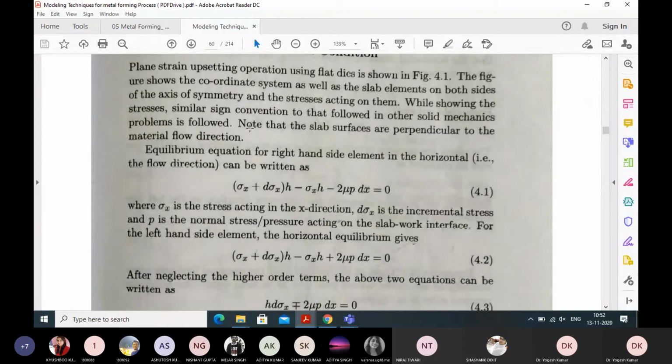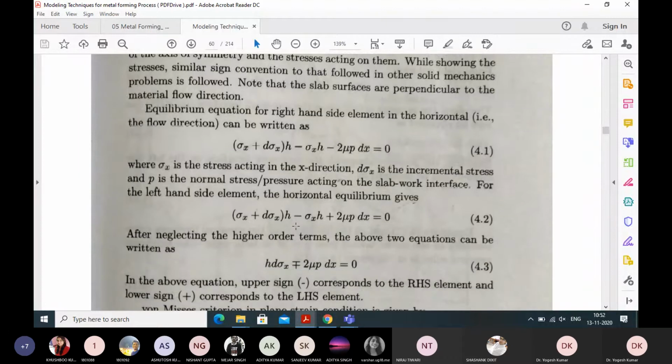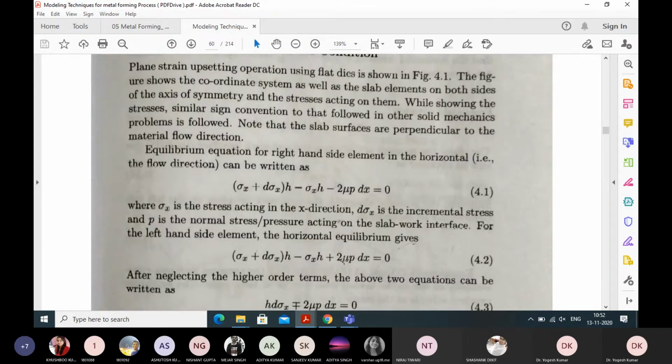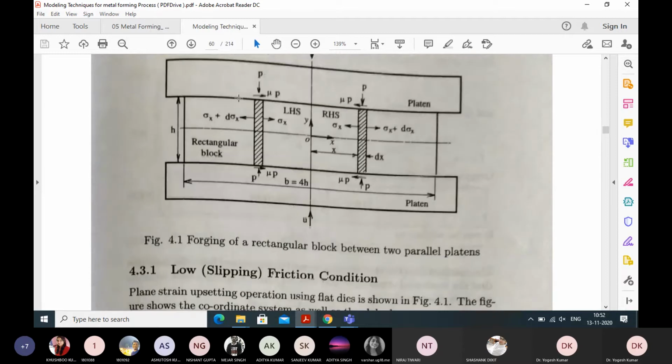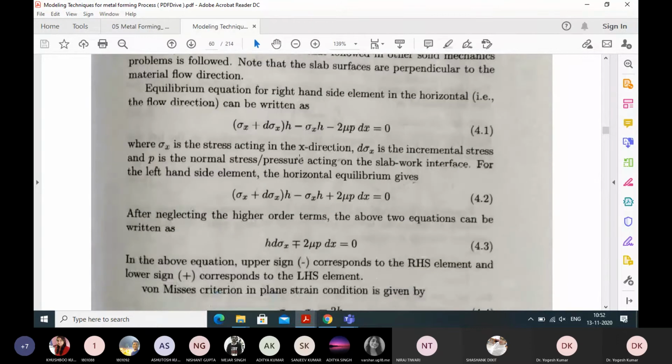So here you can see, in the left hand side, what has been done: sigma x plus d sigma x into h minus sigma x into h plus twice mu p dx.